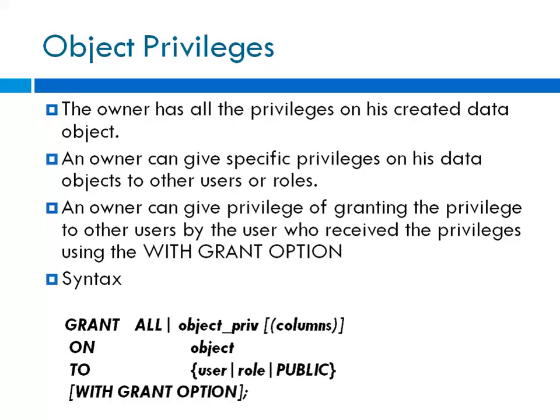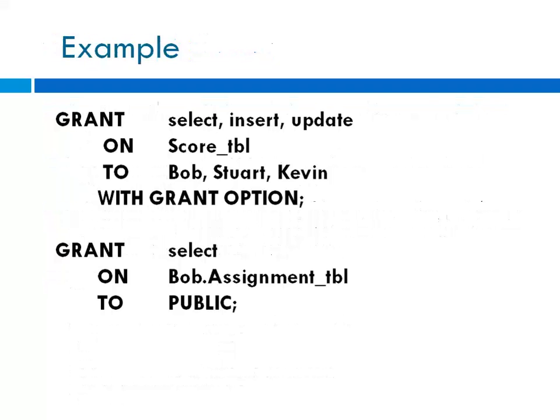So here there is a cascading of privileges to the users from one user who gains the privileges with grant option. If the with grant option is omitted, then that person will not be able to grant the privileges to the next level of users.